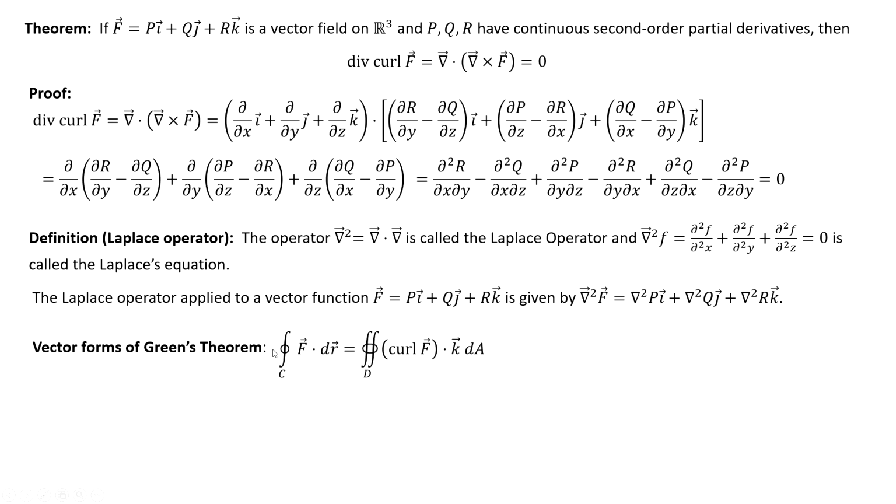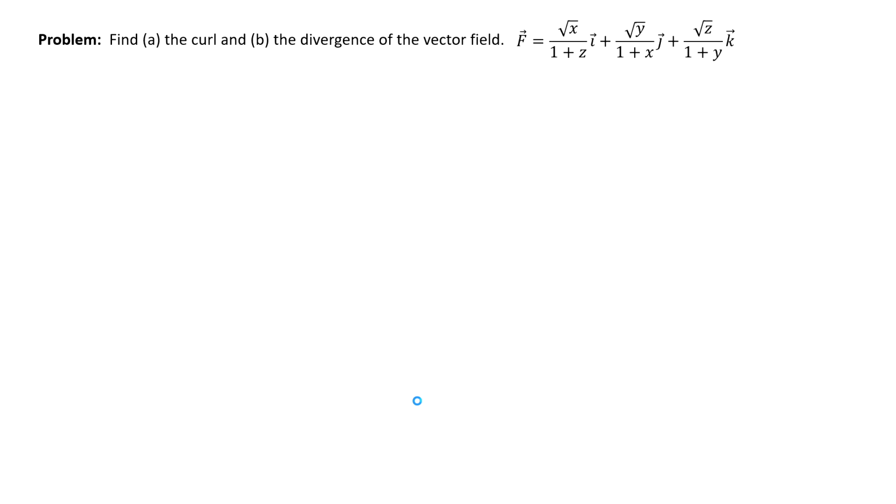If you have 3-dimensional stuff and you want the integral of F dot dr, and let's say the curve is not a plane curve but actually a curve in space, well, you can do this. Curl F dot k dA is what you need to find. All right, so with that, let me solve a couple of problems, and that's all I need for you to know. Know those theorems, know the definitions, and know how to solve a couple of these problems. And I'm a happy man so far as this particular section is concerned.